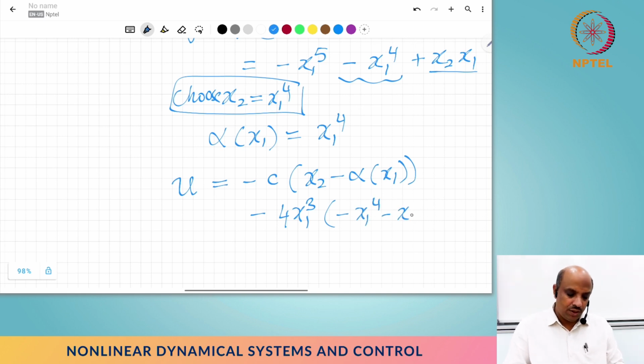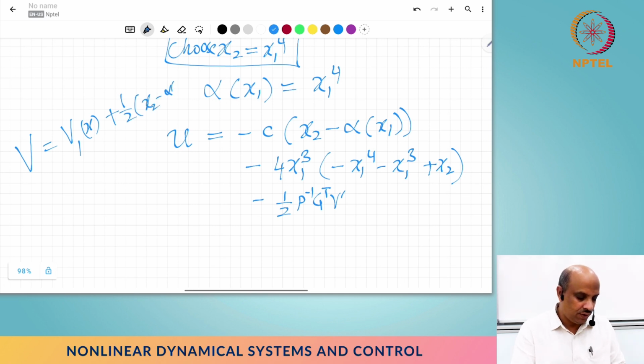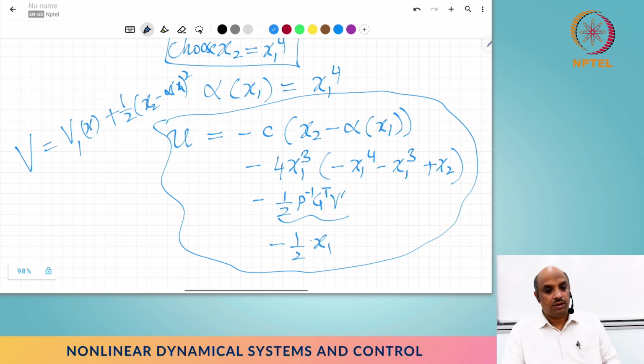The last one is minus half P inverse g transpose V prime, where V of x I can pick to be V1 of x, which is half x1 squared, plus half (x2 minus alpha of x1) squared, so that P is 1. So this is nothing but minus half, times g which happens to be 1, and V prime is simply x1. So that's your feedback control law that will stabilize the entire system.